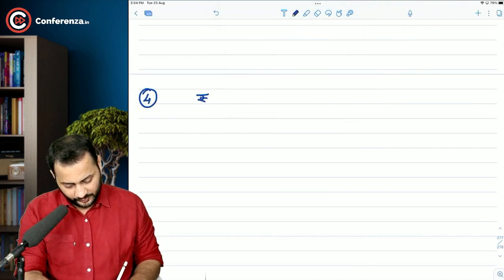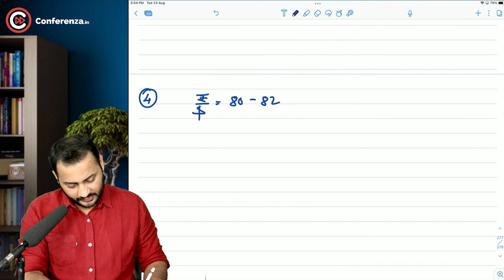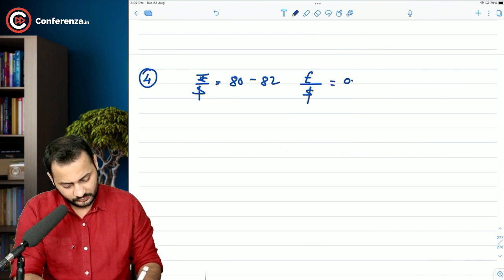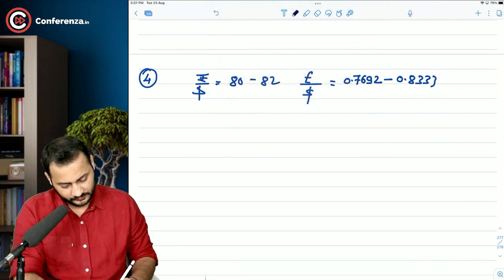So rupees per dollar given to you is 80-82, and let's say pound per dollar is 0.7692 and 0.8333, and you have to calculate the bid of rupees per pound.